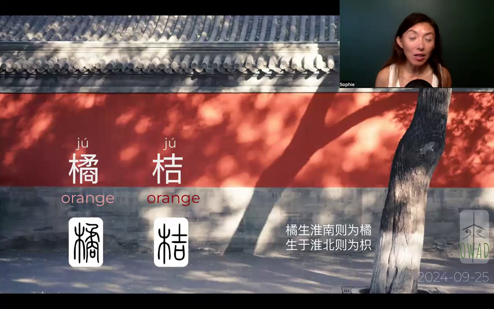So that lucky plus the plant symbol means lucky plant, which was used in Chinese medicine. Of course, Chinese medicine was not exactly built through contemporary Western medicine research, controlled trials and all that.